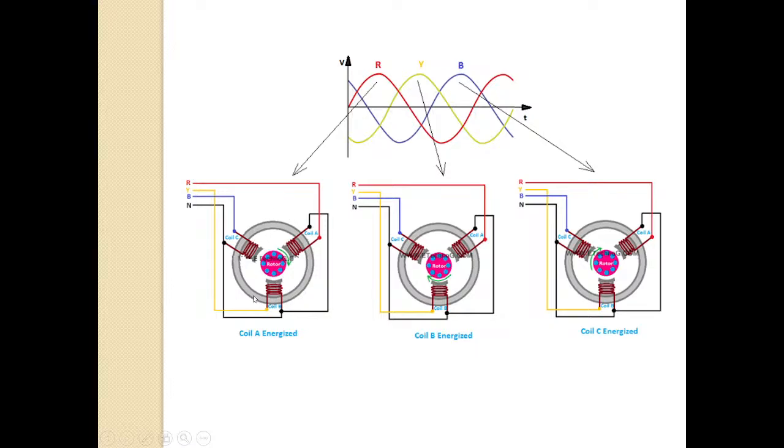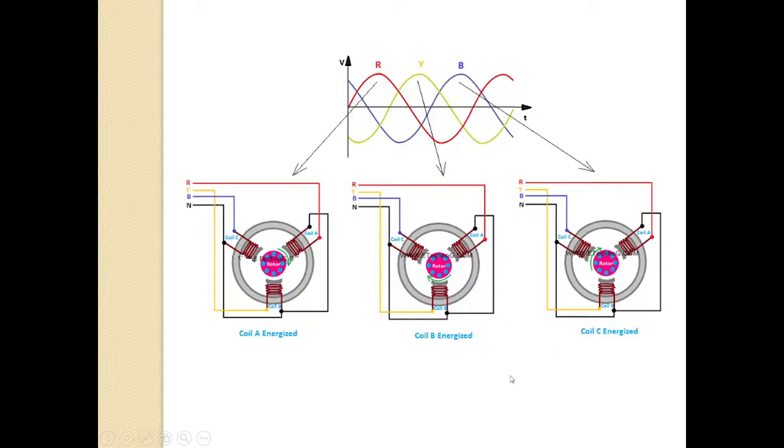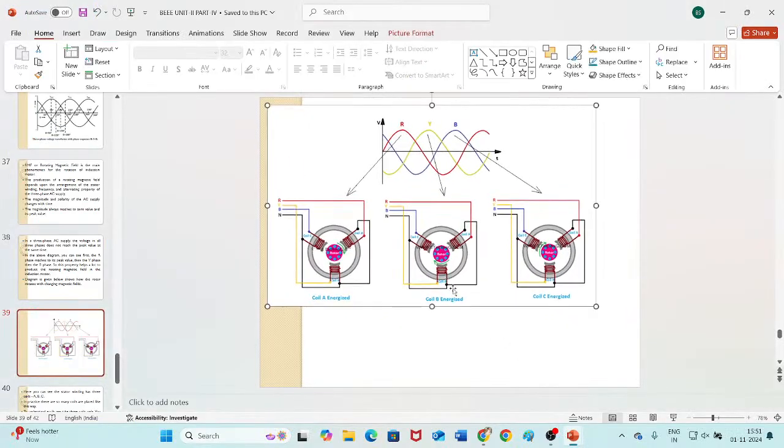This is our stator. To understand the concept, a simple diagram has been given here. To the stator, what is given? Three-phase supply is given. I'll just expand this image, I want a bigger image.